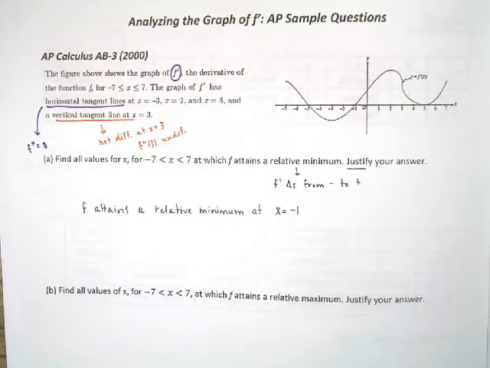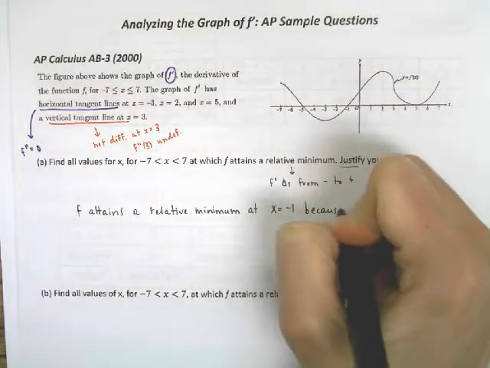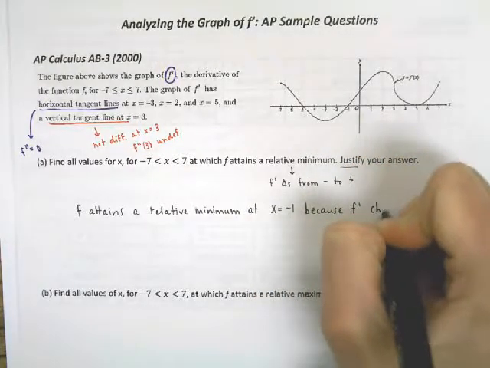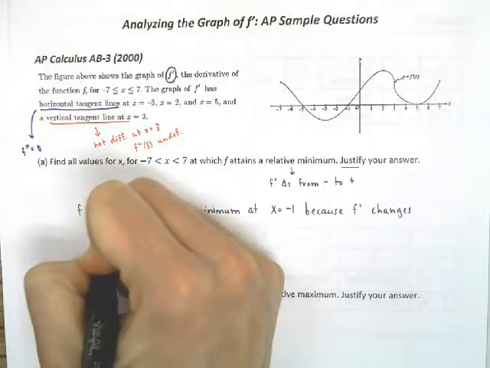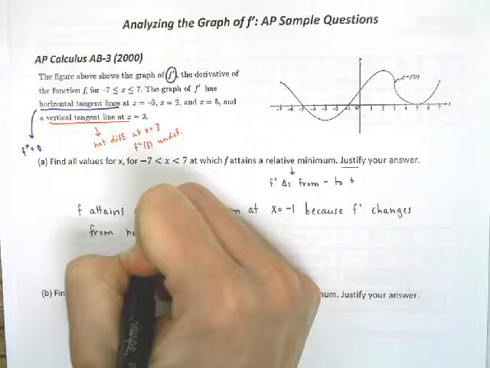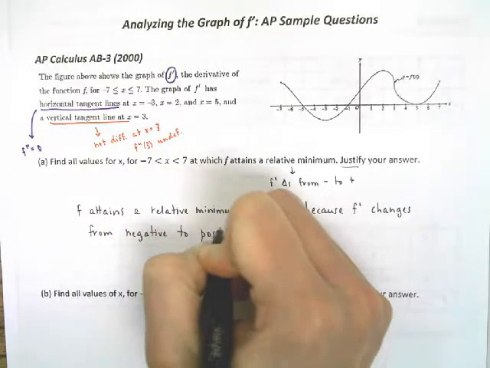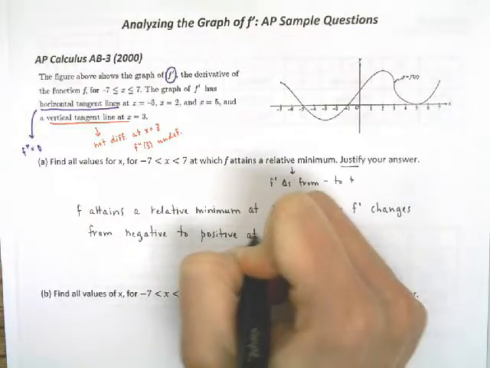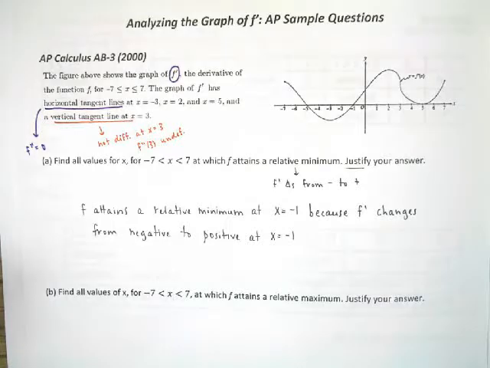It attains a relative minimum at x equals -1 because f prime changes from negative to positive at x equals -1. They're just looking for you to justify that using the first derivative.